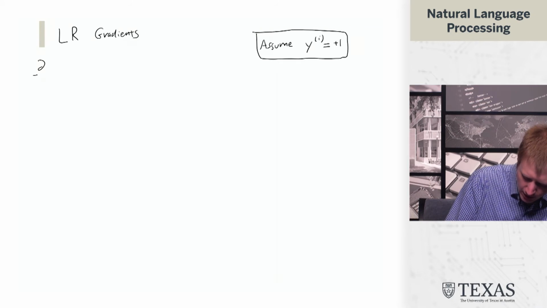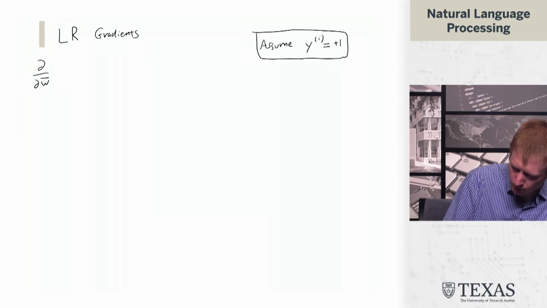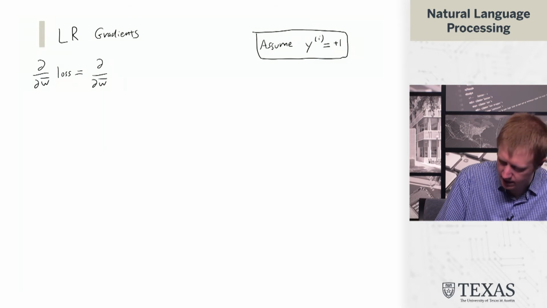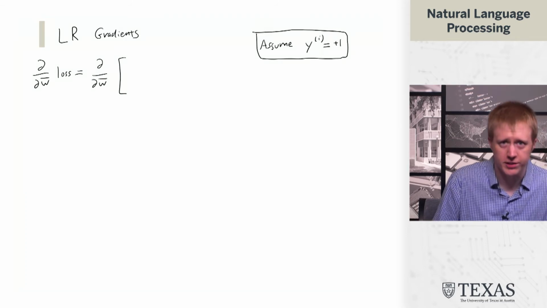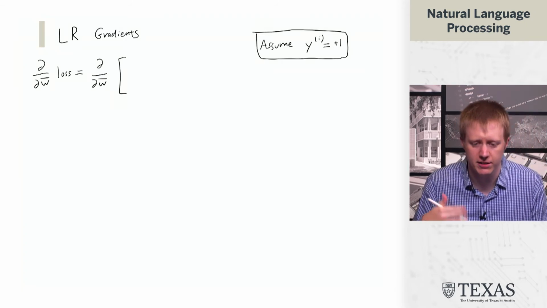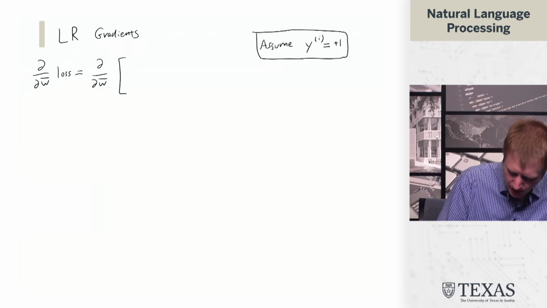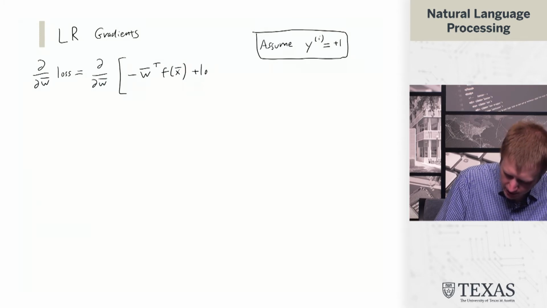Okay, so what do we end up with? We plug in the value of the loss here, which remember was the negative log of the logistic function. So you end up with this.